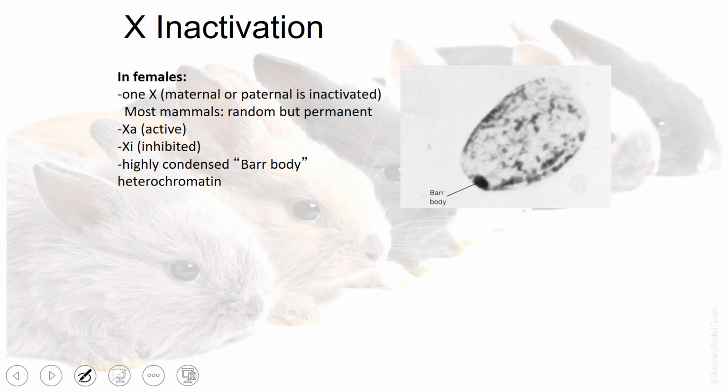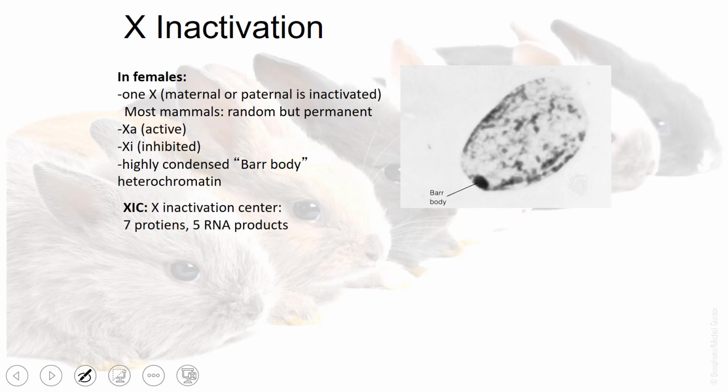And this is where you could get calico cats, where you get big regions of the body expressing the orange pigment because the particular X chromosome that got inactivated contained the normal eumelanin, that brown pigment, and the one that is not inactivated contains the altered pigment.